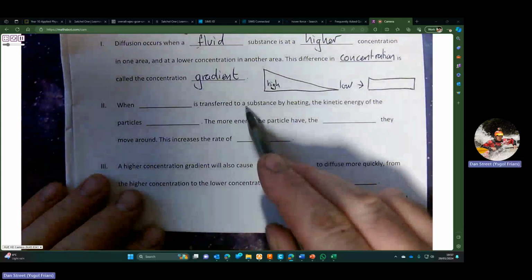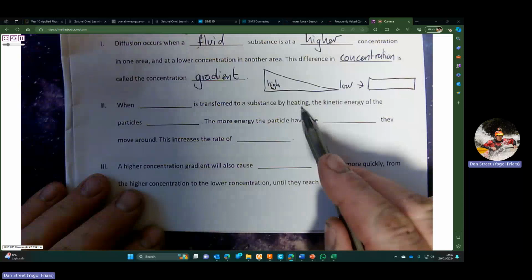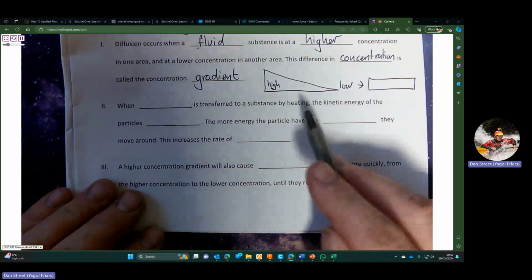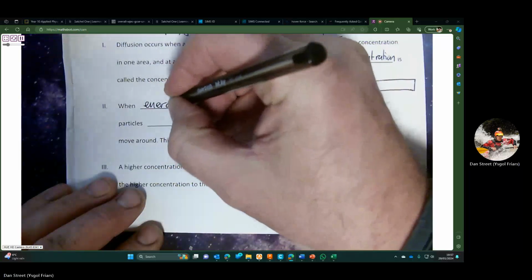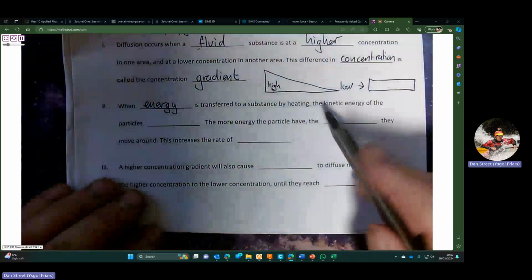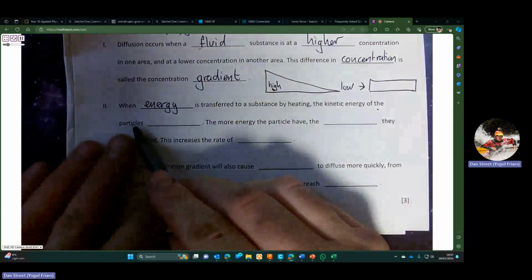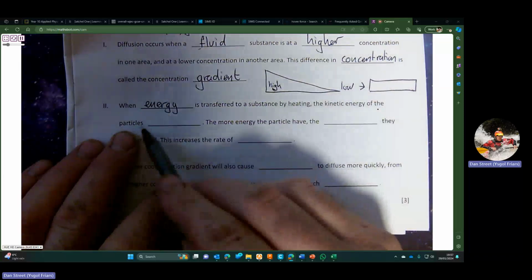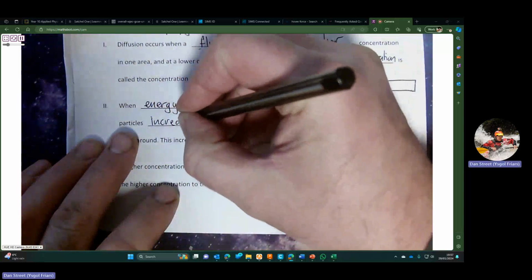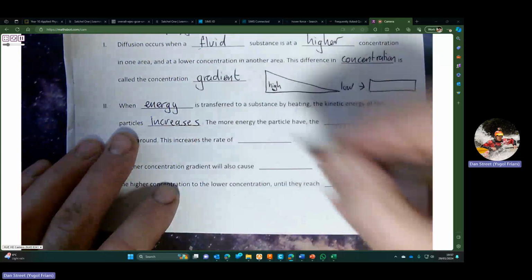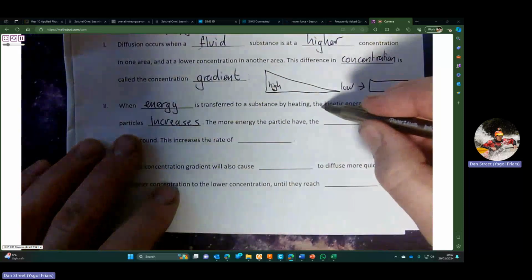So when something is transferred to a substance by heating, heating is a bit of a clue, right? When you heat something, you're adding energy. The kinetic energy of the particles increases. Each particle gets more energy, so its movement increases. That's what kinetic means.